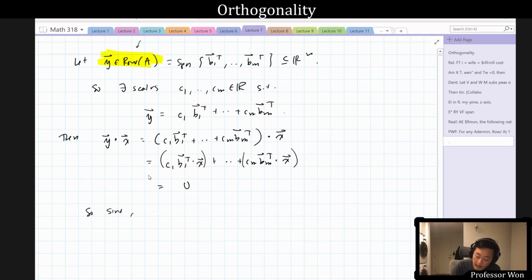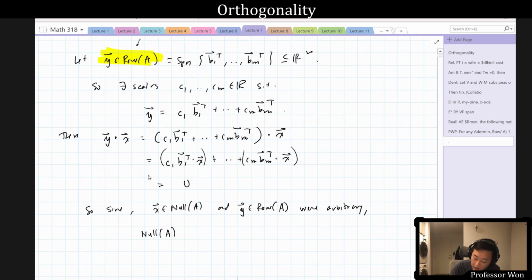Since x was an arbitrary element of the null space and y was an arbitrary element of the row space, the null space of A is orthogonal to the row space of A. Okay, with a little bit of hand waving about whether they were rows or columns, but you get the point. If you take any vector in the row space, you take any vector in the null space, you take their dot product, you get 0.